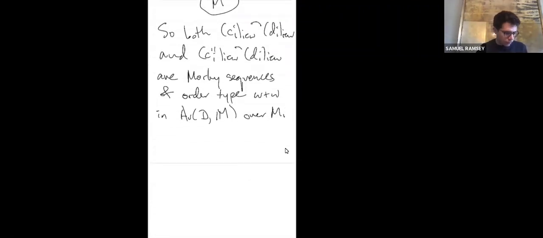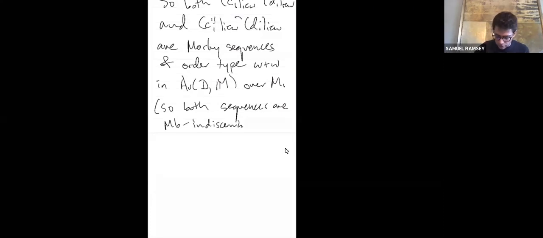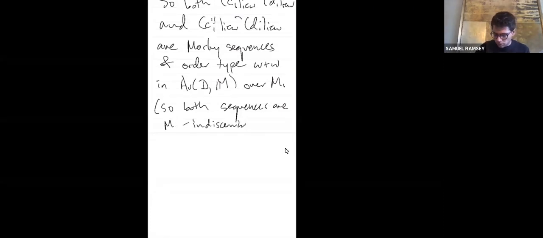All right, so what do we do now? So in particular, both of these sequences are M indiscernible. We proved before that if you generate a sequence in this way, it's automatically indiscernible, which is an exercise just using the definition of invariance.